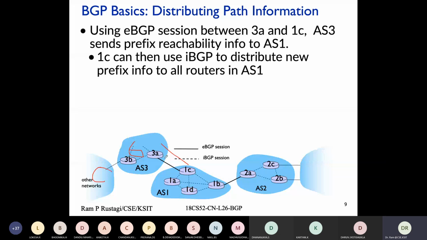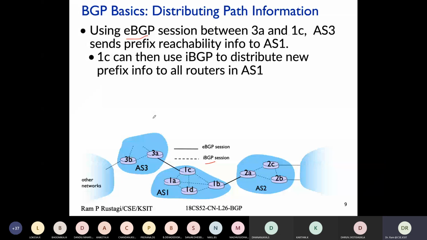So look at the connectivity between the ASs, shown via solid lines. And the same thing, because the same BGP is used, look at the reachability within the routers of an autonomous system. Each router sets up a TCP connection with every other router within the autonomous system, and that is called iBGP, and these are shown with dashed lines. So we have two kinds of BGP connection. One is called eBGP, external BGP. The other is iBGP, which is internal BGP.